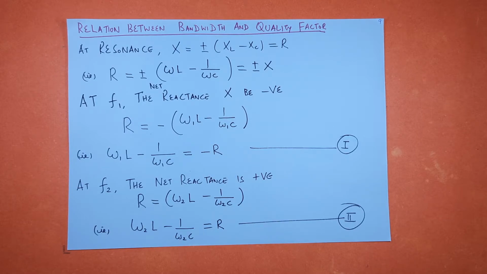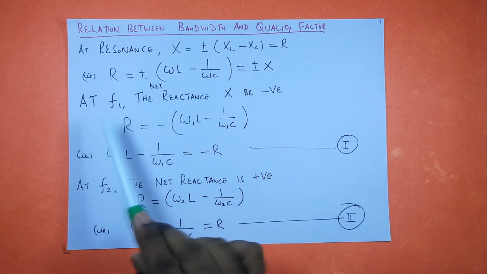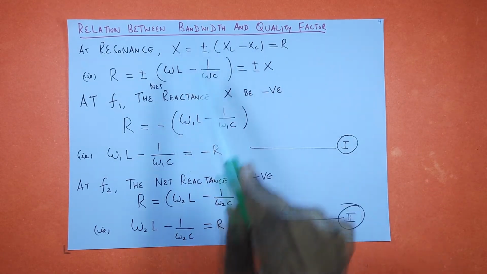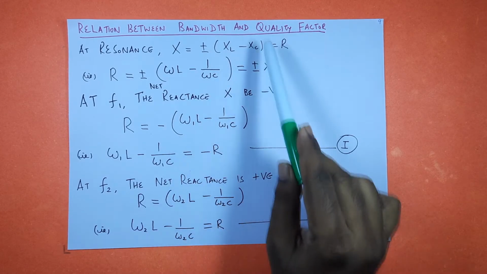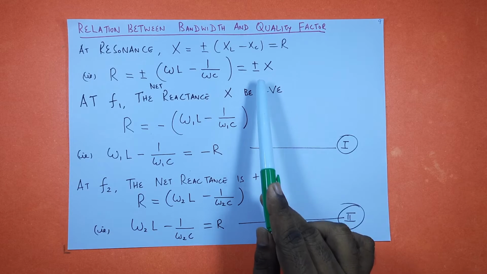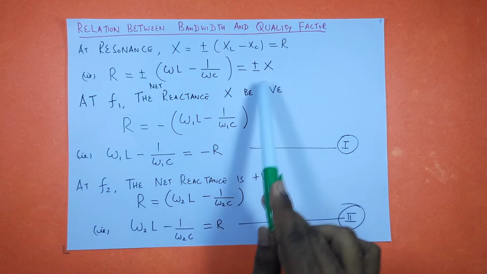So plus or minus means with respect to frequency, the reactance varies. So I can write the same thing, just rewriting: R equal to plus or minus omega L minus 1 by omega C, where XL is omega L and XC is 1 by omega C, equal to plus or minus X.